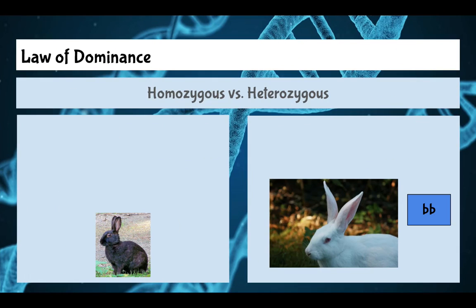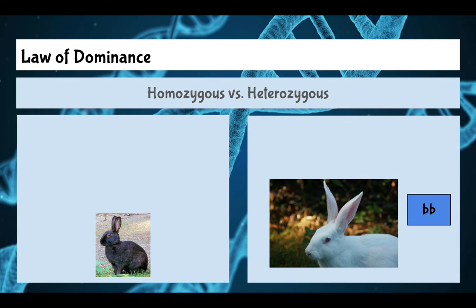There are 2 other words that we use to describe dominance and recessiveness: homozygous and heterozygous. The prefix homo means the same. The prefix hetero means different. So homozygous is 2 of the same letter. Heterozygous means 2 different letters.